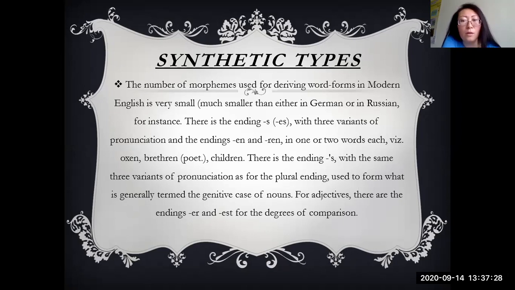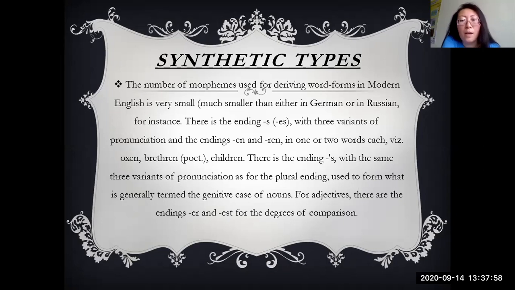Look at these words: oxen, brethren. Ox is singular, the plural form is oxen. Singular brother, plural form brethren. It's a poetical word which is used in poetry. And the word children, the plural form of child.